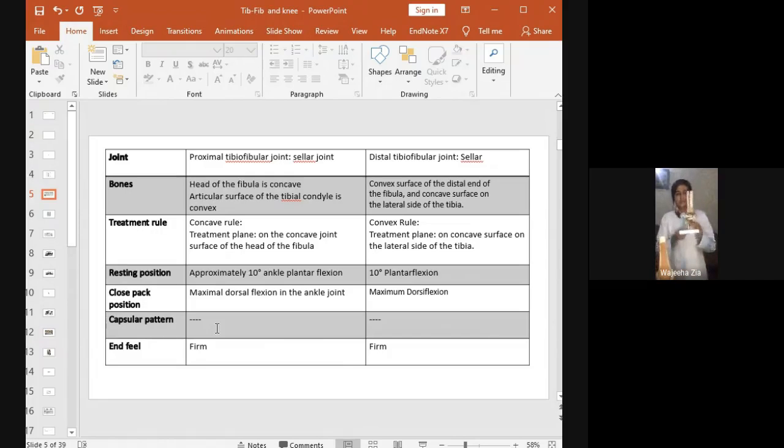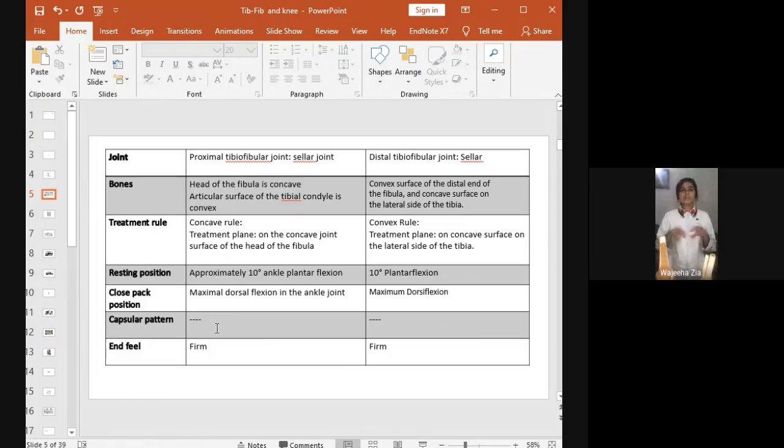And if we go to the distal joint, at this point, the fibula is convex shaped and the tibia is concave shaped. So if we stabilize the tibia and mobilize the fibula, the rule will be the convex rule. So at the proximal tibiofibular joint, it is the concave rule, and at the distal tibiofibular joint, it is the convex rule.